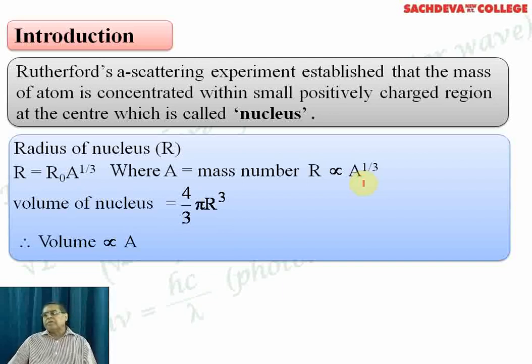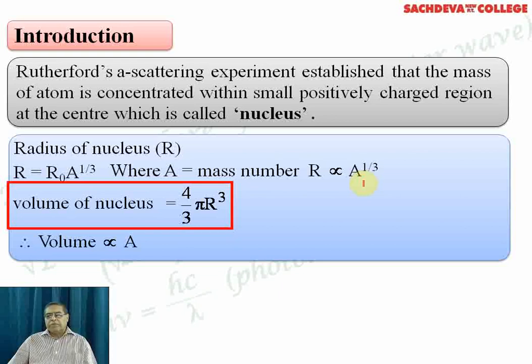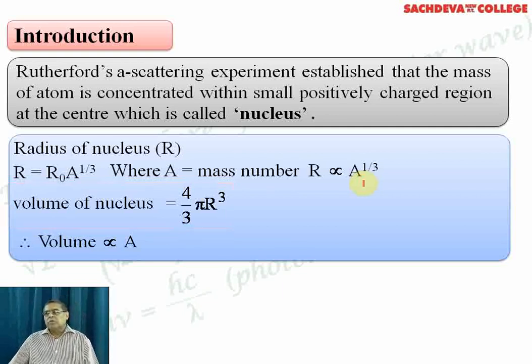And for the volume of the nucleus, we assume that the nucleus is a solid sphere constituted of protons and neutrons. So the volume of the nucleus is calculated by the formula 4 over 3 pi r cube. For r cube we can put r naught cube, and A to the power 1 by 3 will be taken as A cube.